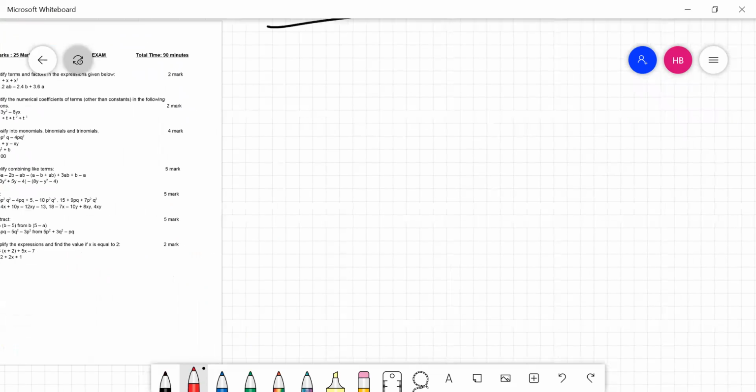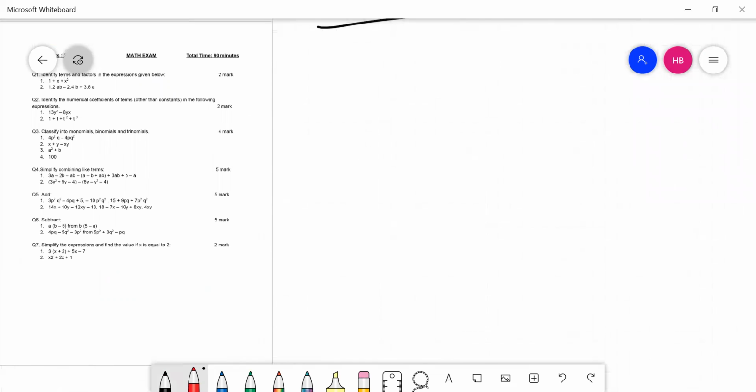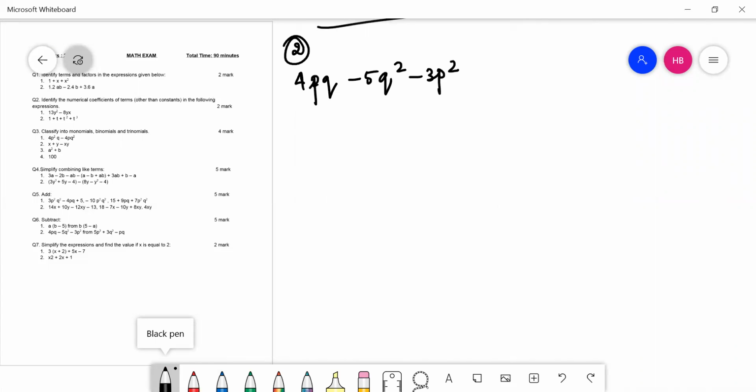Now let's look at question number 6, second part. The question is saying: 4PQ minus 5Q square minus 3P square. You have to subtract this expression from 5P square plus 3Q square minus PQ.